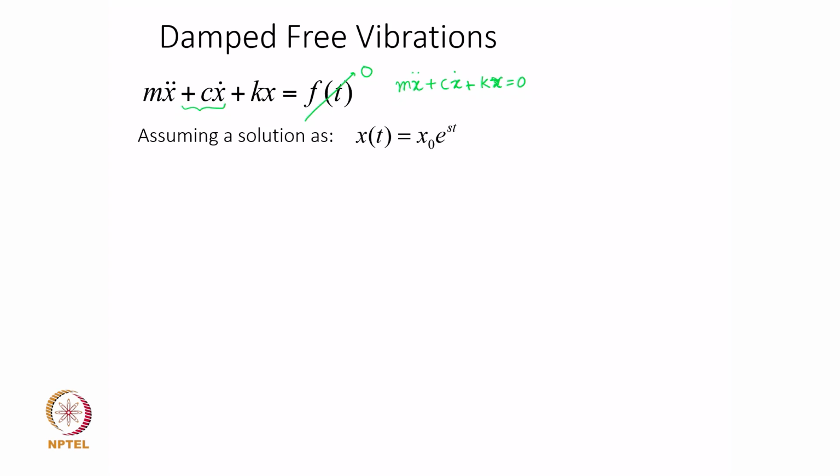Again we assume the solution to this governing equation as x naught e to the power s t. Do not confuse this x naught with the initial condition, x naught is any arbitrary constant. Now, if you substitute back into this equation, x dot was x naught s e to the power s t, and x double dot would obviously be s square x naught e to the power s t.